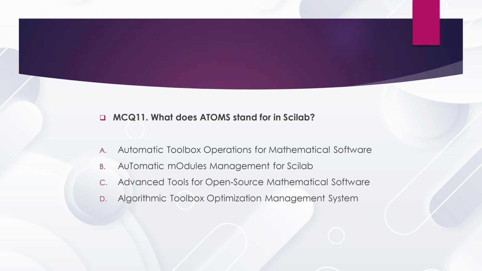Here is another question. What does atoms stand for in Scilab? Take a moment to think about your answer. The correct answer is option B, Automatic Modules Management for Scilab.